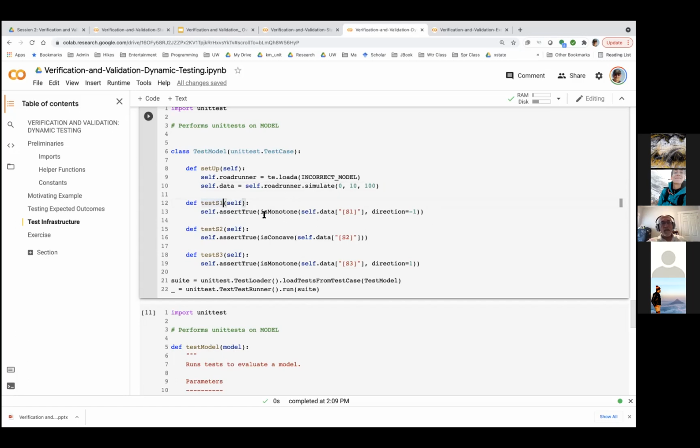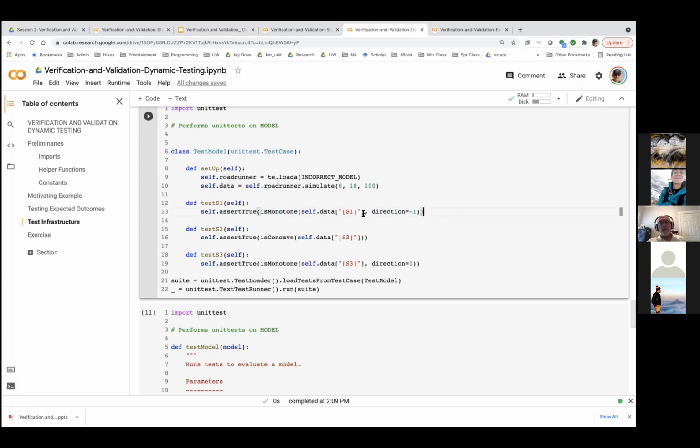So what we have over here is we're invoking that function that we wrote just previously in the previous section, is monotone, and we're looking at the data that got produced by running Roadrunner, and we can pick out that array by saying S1 in brackets, and the direction is going to be -1 because that should be decreasing. So we're asking, is this monotone decreasing?